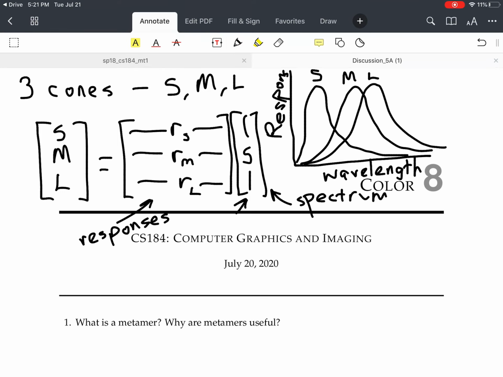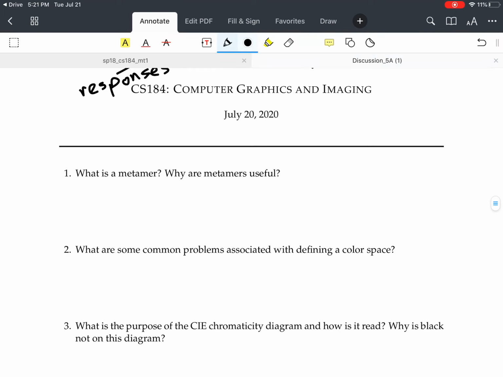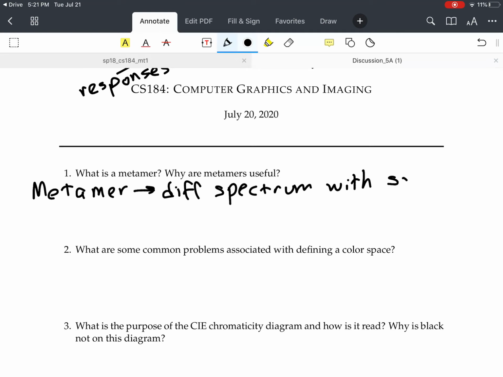So let me write this down: metamers are different spectra with the same response. Different amounts of light, but you get the same thing out.